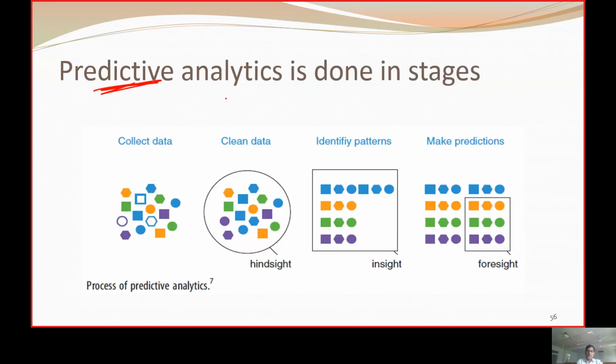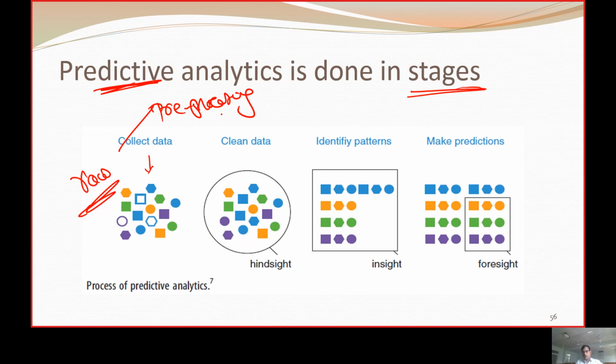There are some phases when we work with predictive analysis. There are different stages. The very first stage we call collection of data. This data is raw, so people will go for pre-processing.